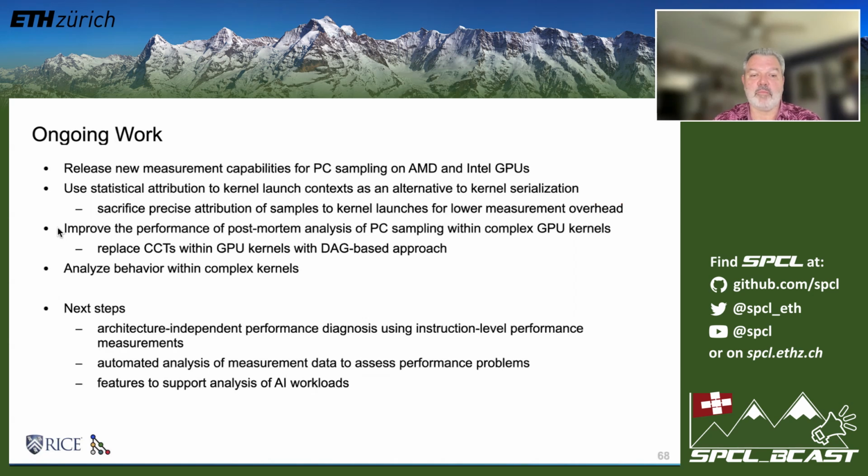One thing that's important to note is the strategy that I was describing for attributing PC samples inside complex kernels. While it works for typical codes, it does not work for the code that we really wanted it to work for, this Mercury code that has 100,000 lines of code inside a kernel.